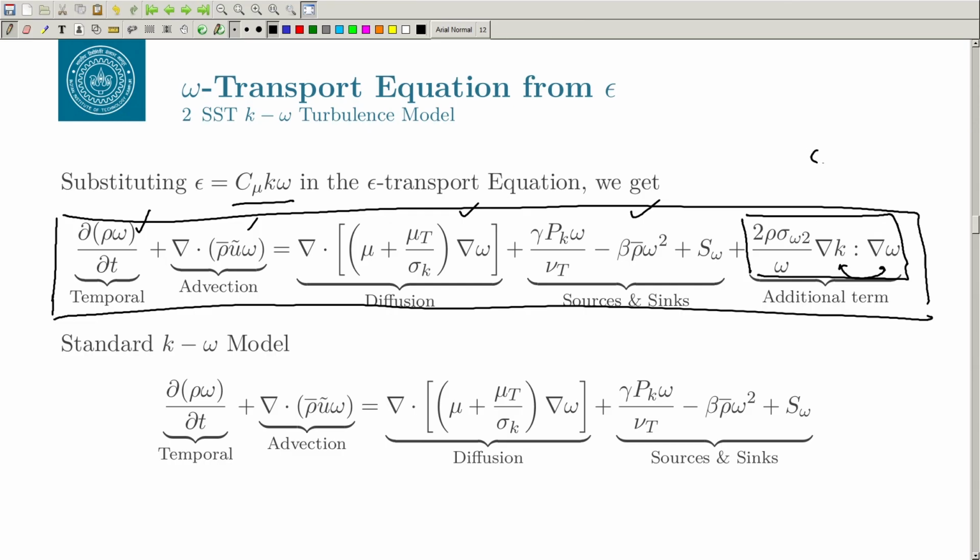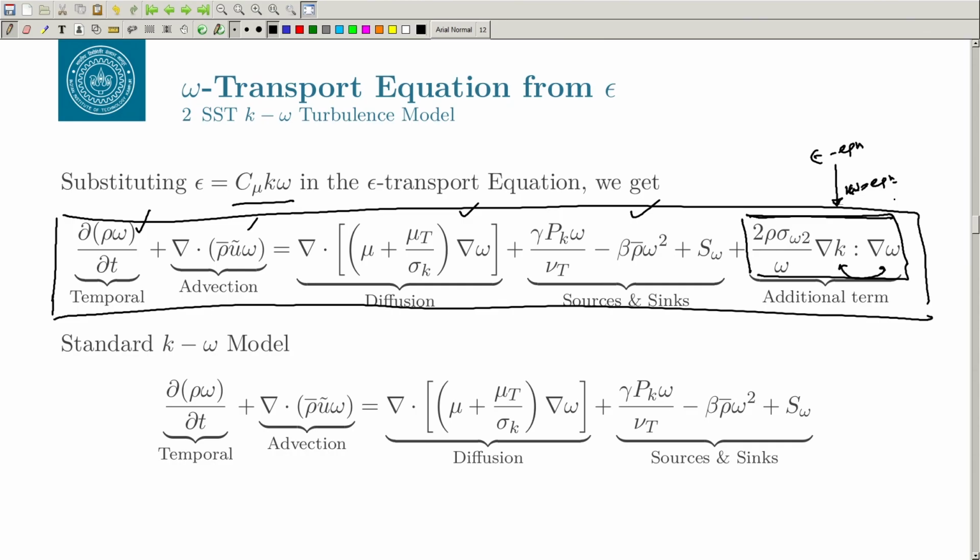So, if you take the epsilon equation and try to derive the omega equation from that, this is the equation that we get, and this is different from the omega equation that we use in the standard k omega, which is basically just taking inspiration from the turbulence kinetic energy equation and using some model coefficients, right. So, this term may also be responsible for this very weird behavior of the k omega model, that it is very sensitive to the free stream turbulence.